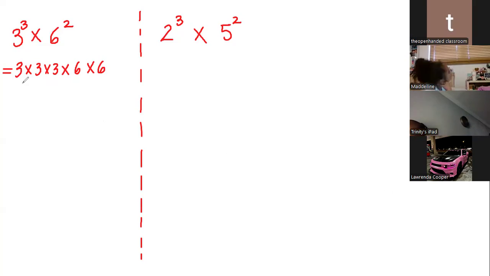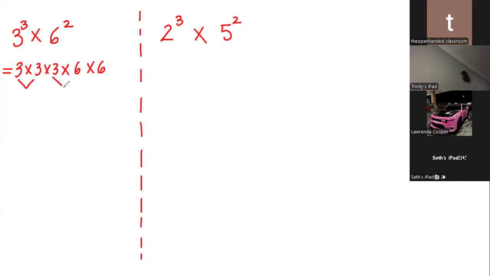So what we're going to do here, we're going to say 3 times what? 3 times 3, and then 3 times 6. What is 3 times 3? 9. Very good. What is 3 times 6? 18.